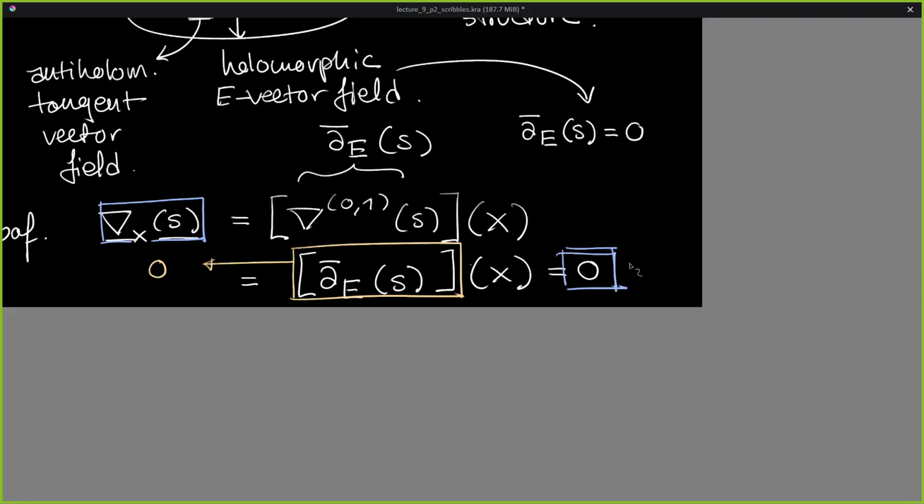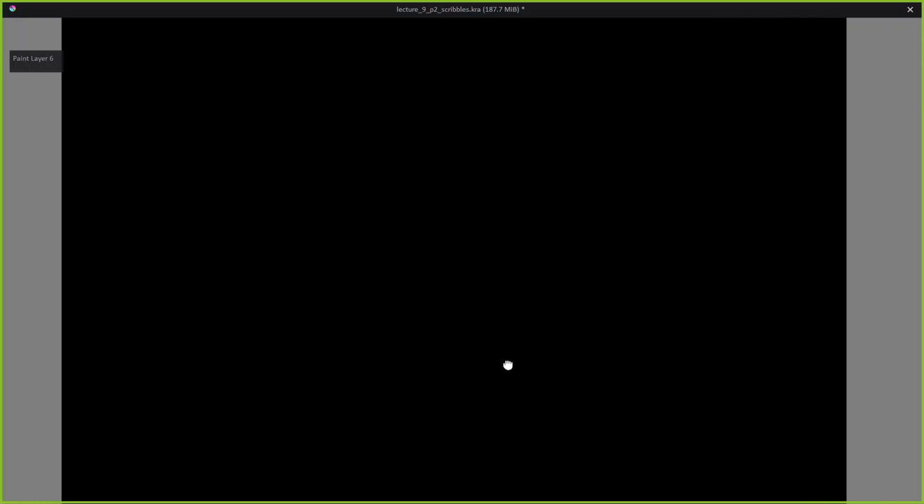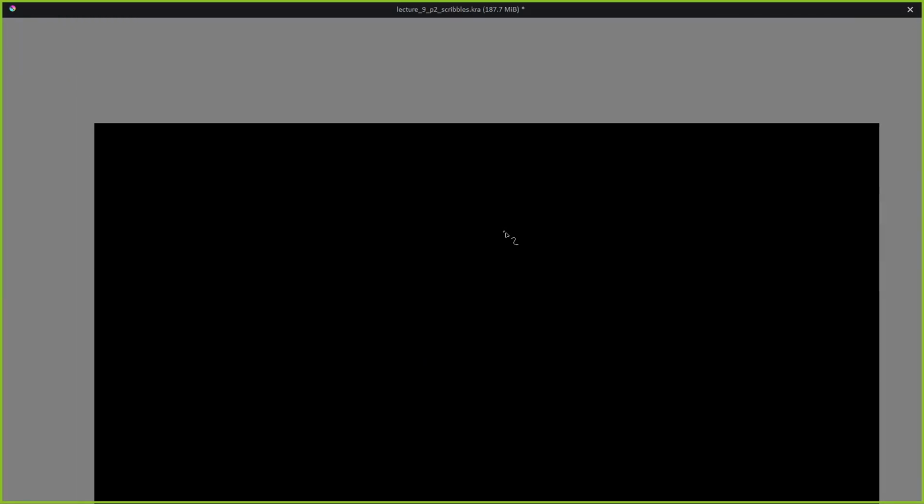So that proves that whenever our connection has an anti-holomorphic part, which is the canonical Dolbeault operator, it will imply that it is a connection that respects the holomorphic structure. And so we call those kinds of connections holomorphic connections.